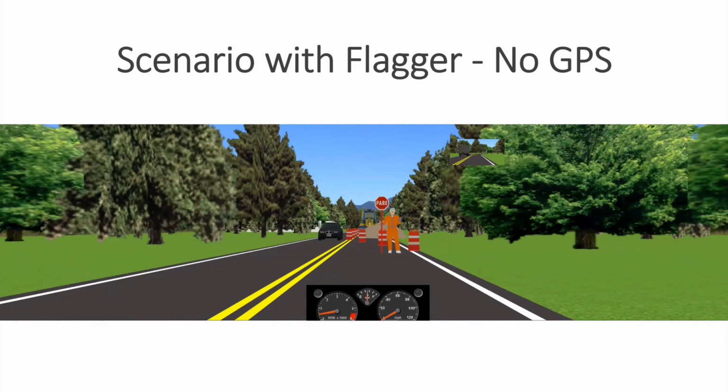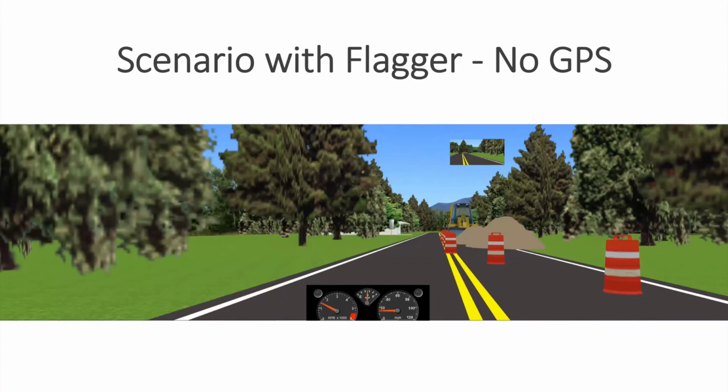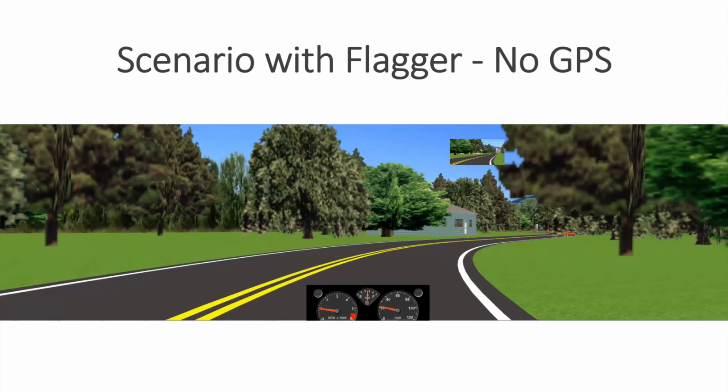So it was expected that the driver would stop right there before entering the other lane. And this was also expected even if there was no flagger, so that the driver should stop and take a look at the road, and then once it was safe, proceed.